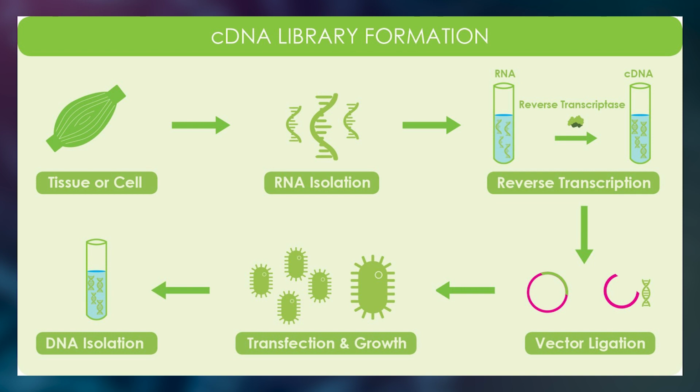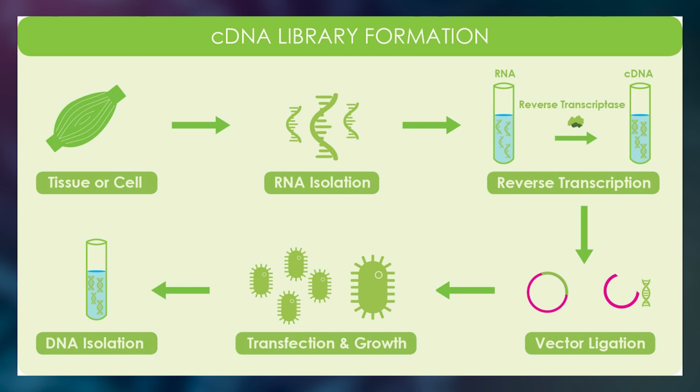So, only those cells that have successfully taken up the vector will survive and form colonies, right. The rest might get decontaminated or may not grow. Each colony represents an individual clone carrying a specific DNA fragment from the original source.